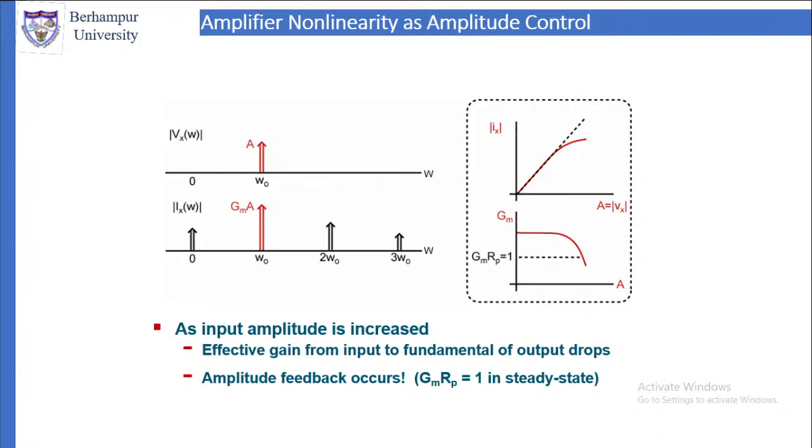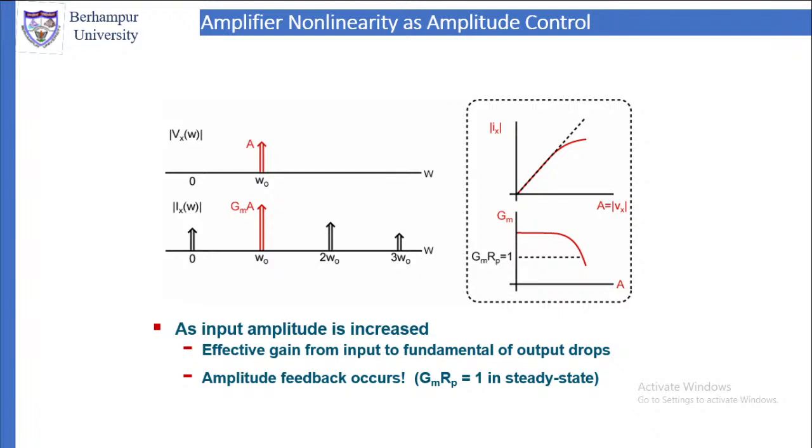Compared to that, if you look at the bottom figure, GM versus A, you can see that over the portion in which it is linear, GM remains constant. The red portion of the plot remains constant, over which Ix is linear.